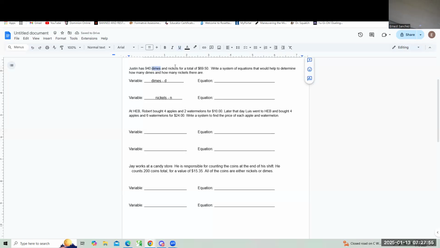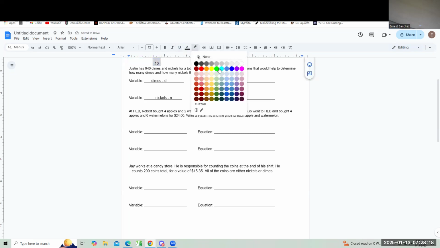So we obviously know that dimes is going to be represented by 10 cents. I'm going to write it here on the side somewhere, since I am, for whatever reason, not able to type it up here. Oh, maybe I am. There we go. So dimes is 0.10, not 10. It'll give you an option.